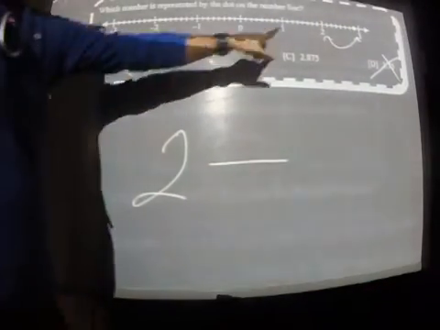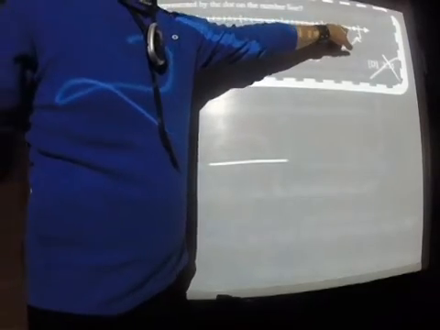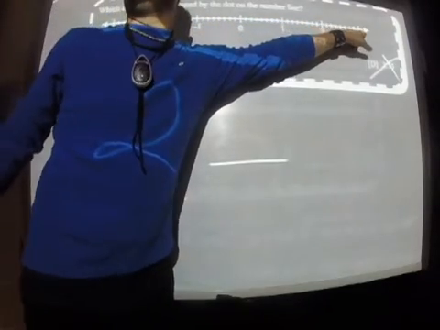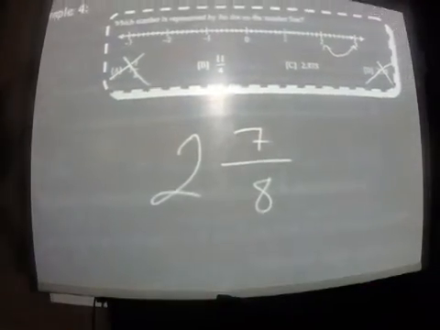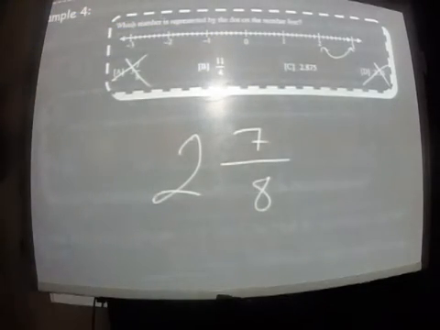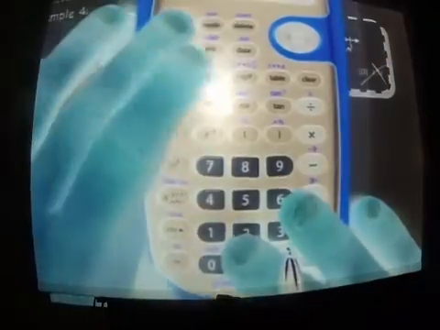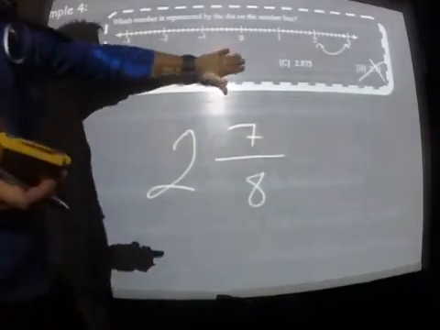First, on top, how many tick marks to the dot? 7, and then an 8 on the bottom, right? 7 to the dot and 8 to the number. 2 and 7 eighths. We don't see 2 and 7 eighths, so let's go ahead and convert it. 2 and 7 eighths turns into 23 eighths, which means it isn't going to be this one.